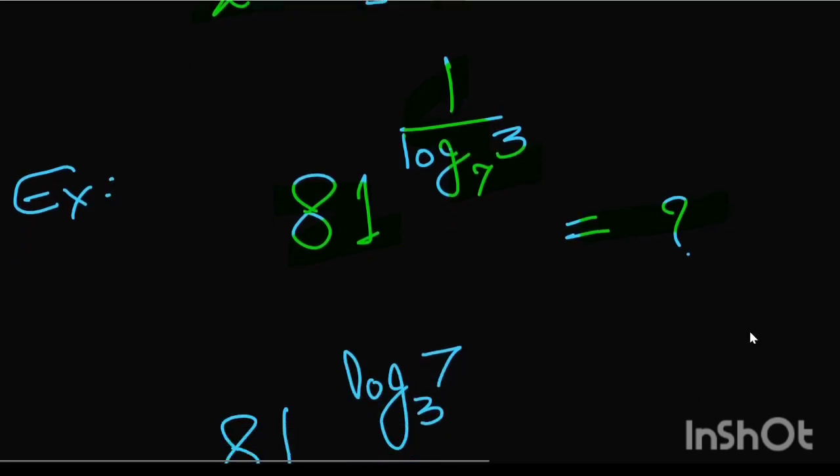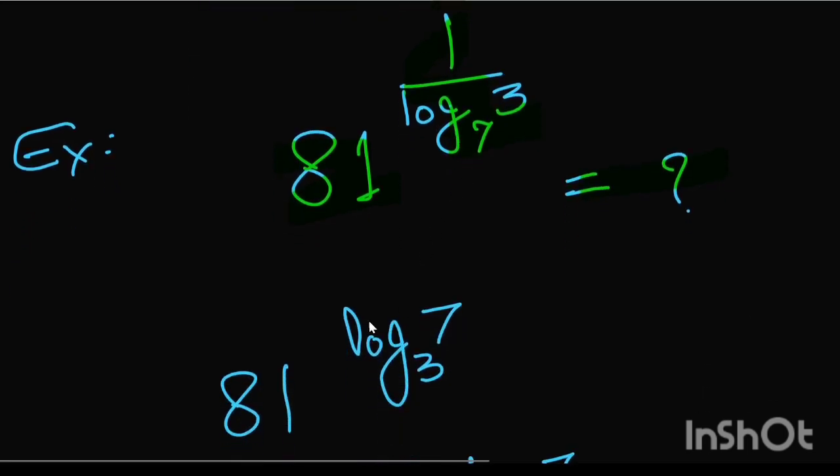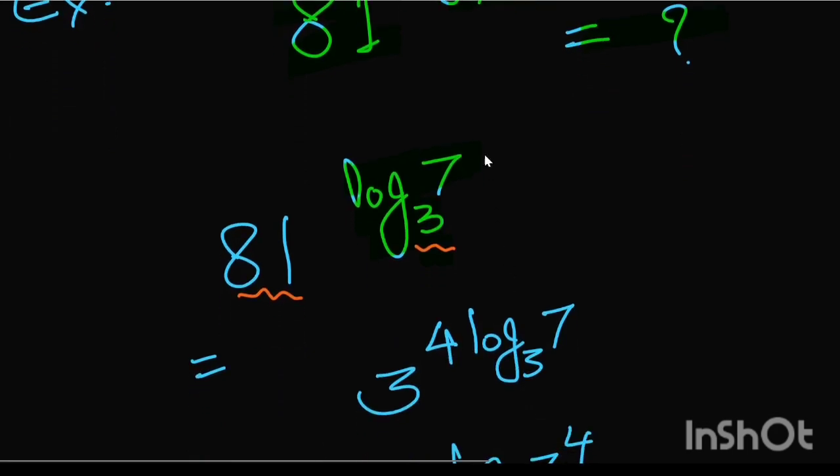We need to get an answer. So what we can do in the next step, 1 by log 3 base 7, using log m base n equals 1 upon log n base m, is written like this. As you can see here it is 3 and here it is 3, here it is 81. So 81 can be expressed in the form of 3 like this, 3 to the power 4.